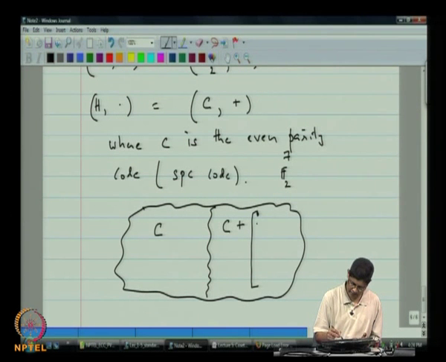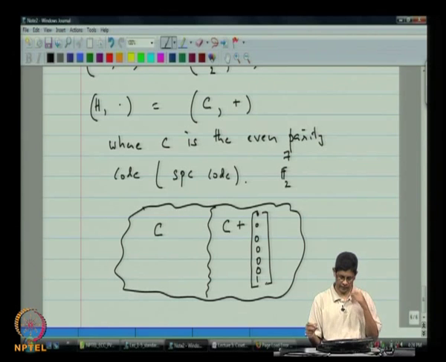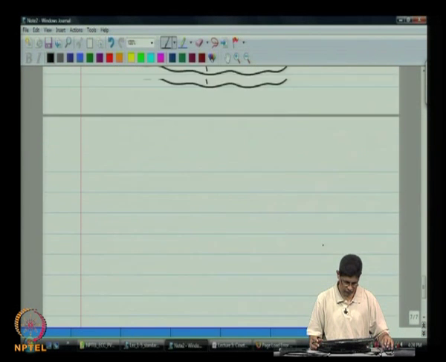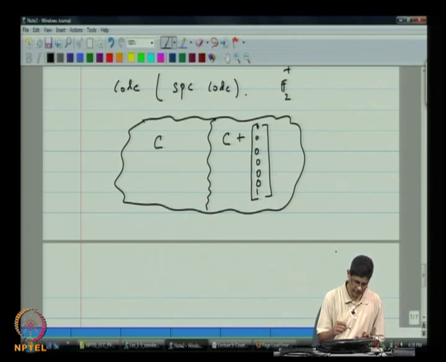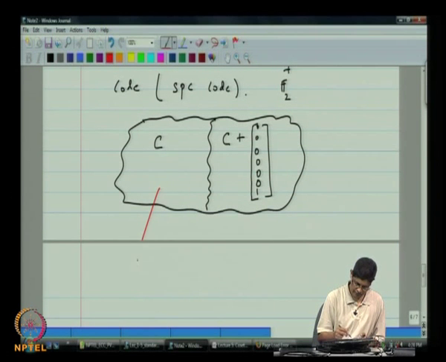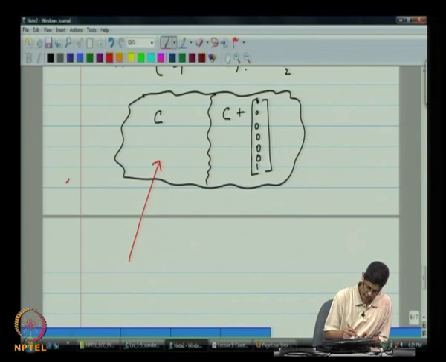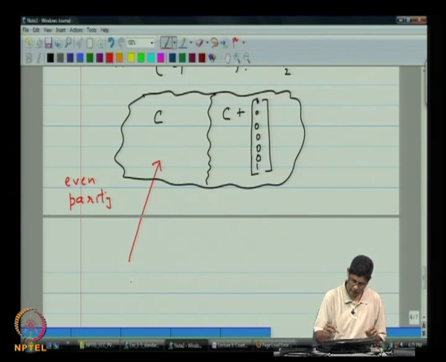In particular, I can take 0, 0, 0, 0, 0, 0, 1. So basically what we have here are the even parity vectors, and on this side we have the odd parity.